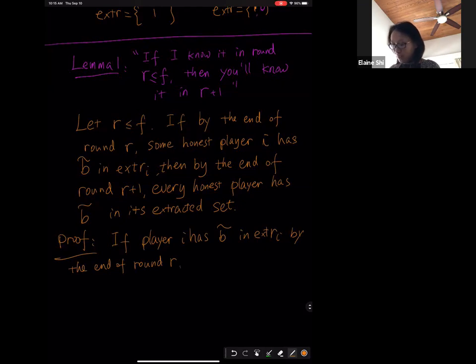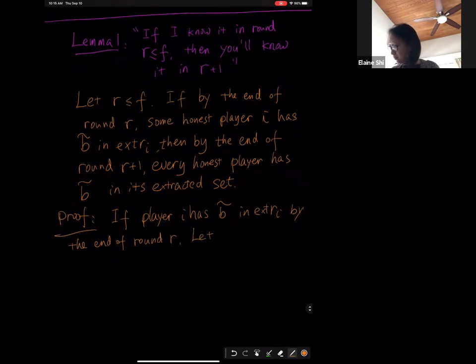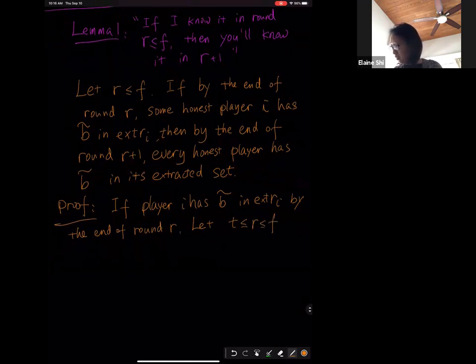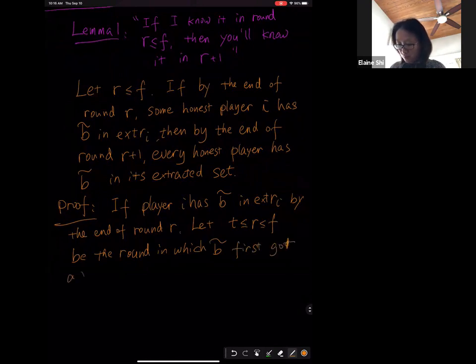In this case, let T be the round in which B tilde first got added to the extracted set of player i.